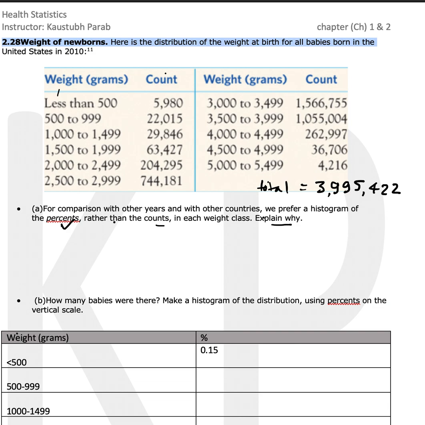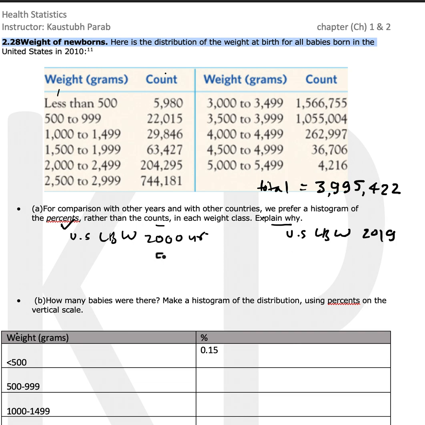That is because if we are considering two different countries or simply different years, so let's say US low birth weight babies in the year 2000 and US low birth weight babies in 2019.